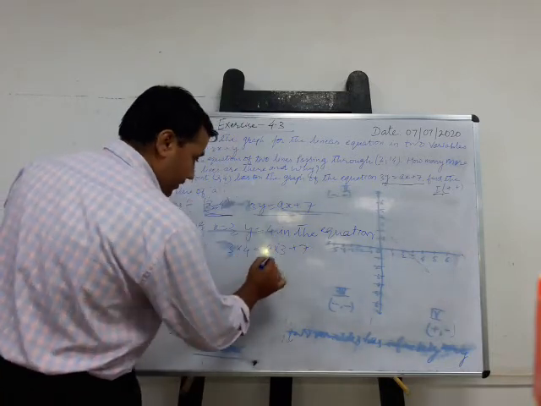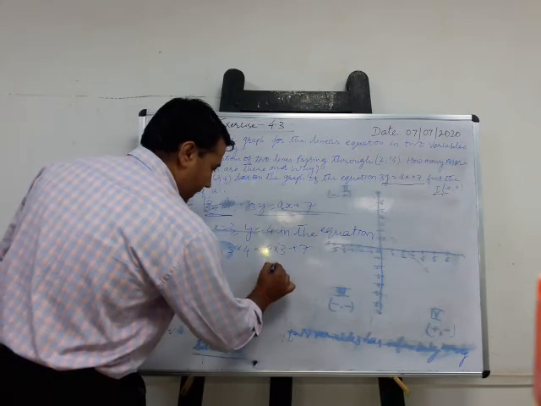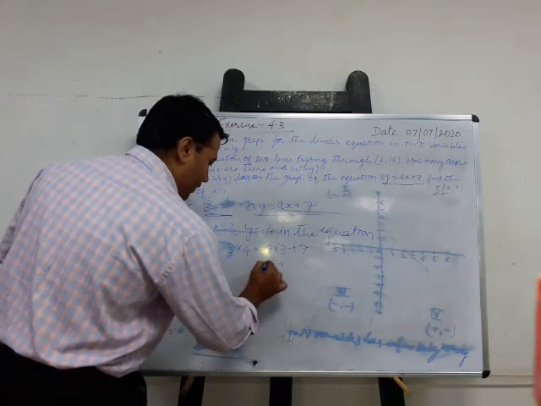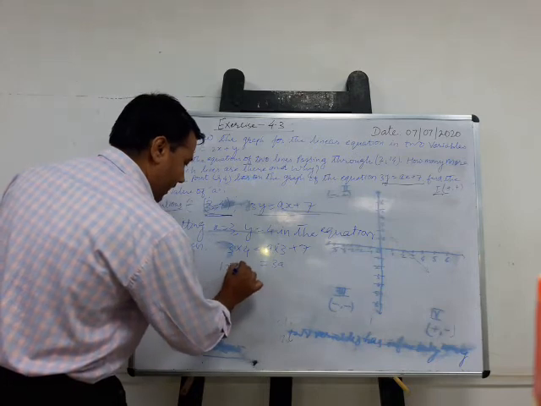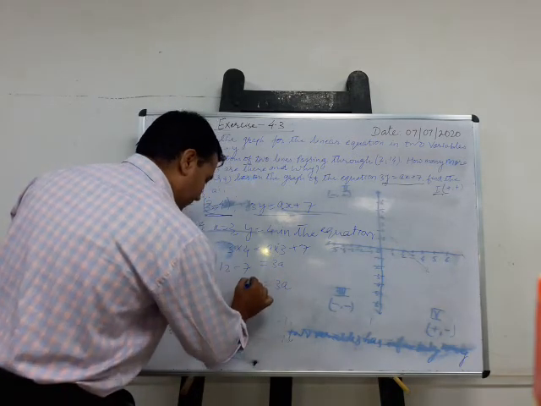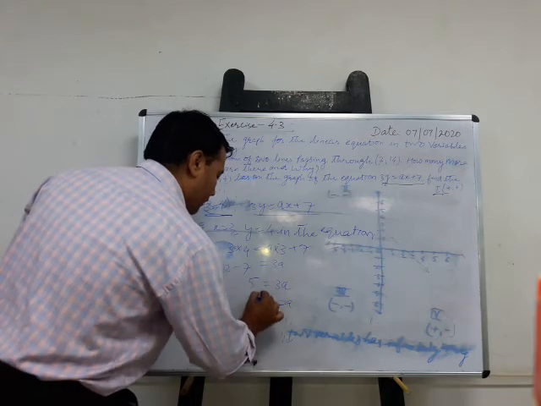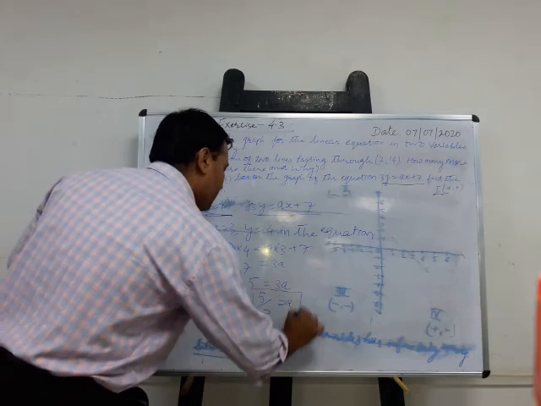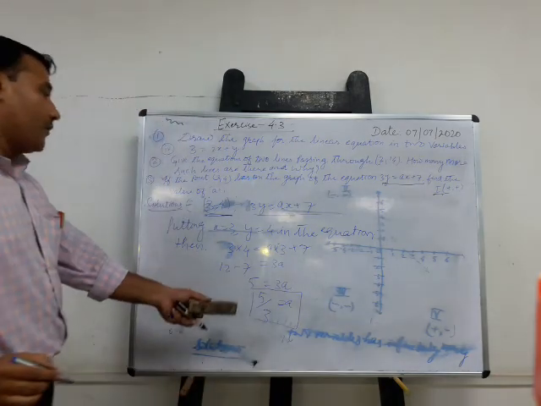Then 3a equal to 12 minus 7, equal to 5. Then a equal to 5 upon 3. So children, you have got the value of a equal to 5 upon 3.